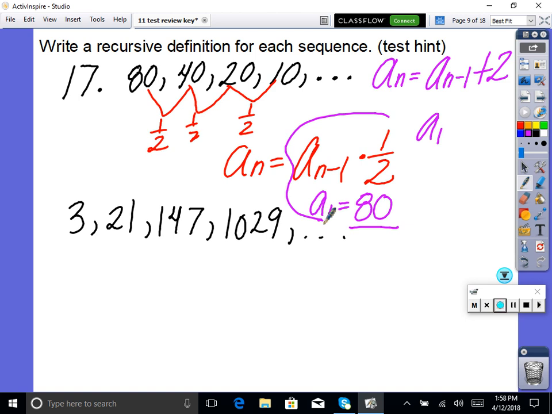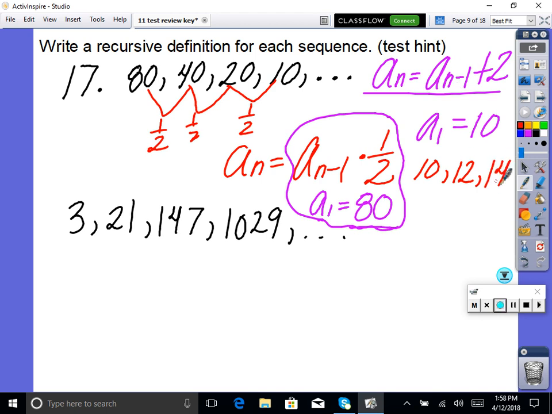Okay. So I might say on the test, given this formula here, where a sub 1 is 10, write an explicit definition. So if I did that, you would take this information, you'd say, okay, so we're starting with 10, and we're taking the previous term and adding 2. So the next one would be 10 plus 2, which is 12. Then add 2 is 14.